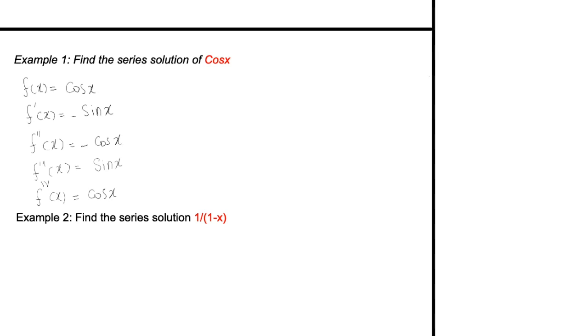Now we will evaluate these functions at x equal to 0 to apply the Maclaurin series. So f of x at x equal to 0 will be equal to cos of x at x equal to 0, and you know cos 0 is equal to 1.